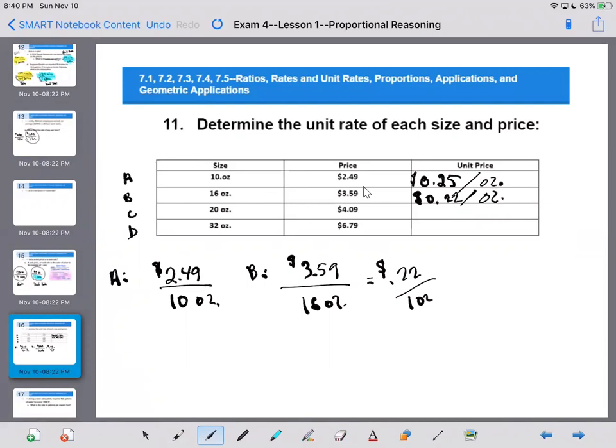All right, part C, we're going to have $4.09 per 20 ounces. So $4.09 divided by 20 should put us approximately 20 cents per 1 ounce.